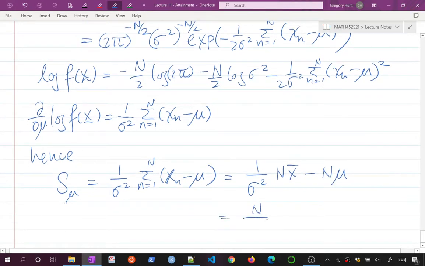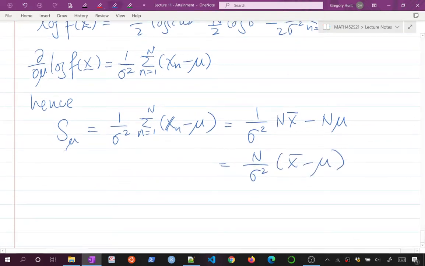So what I get is n over sigma squared times x bar minus mu. And so by my theorem, I found some a of mu. Now in this case, it doesn't depend on mu at all. It doesn't have to always. And then I get my mu hat minus mu.